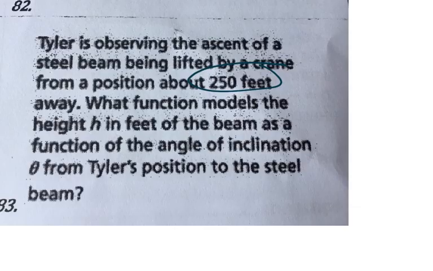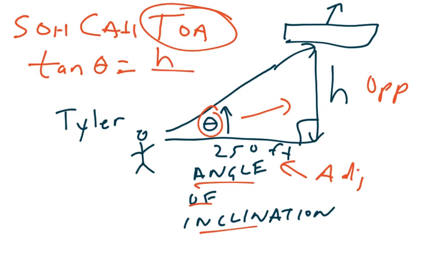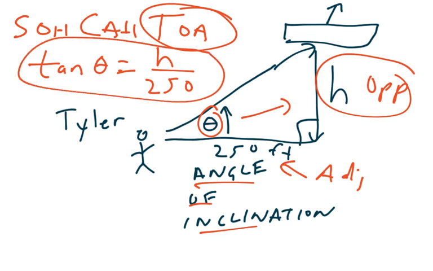So because this question is so open-ended, the only thing I'm going to leave you with is we should be able to say that the tangent of theta, our angle of inclination being theta, has to be whatever the height is, opposite here, divided by 250. And that's the best we can do.